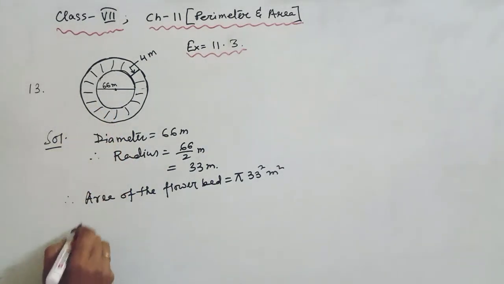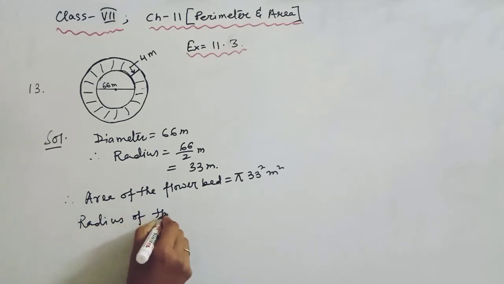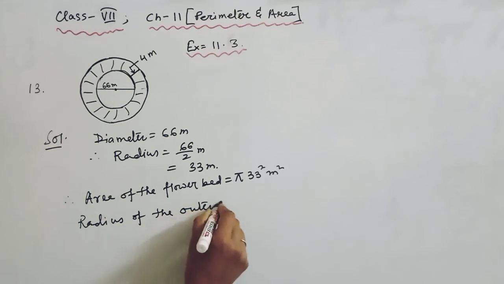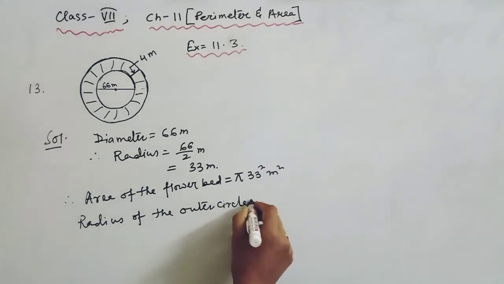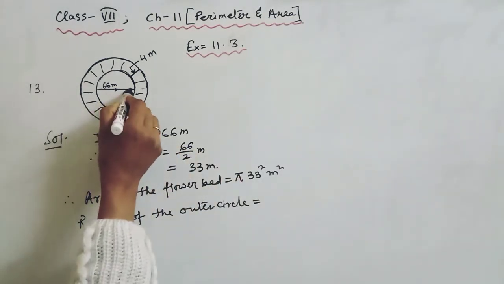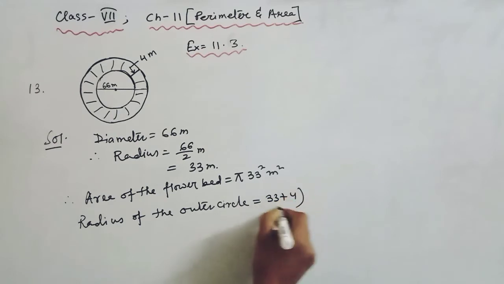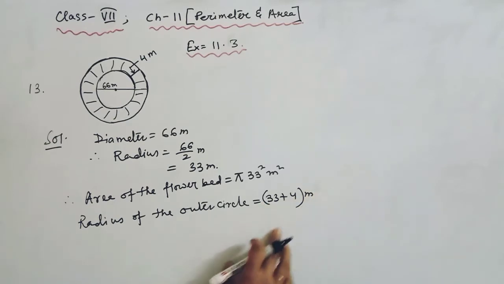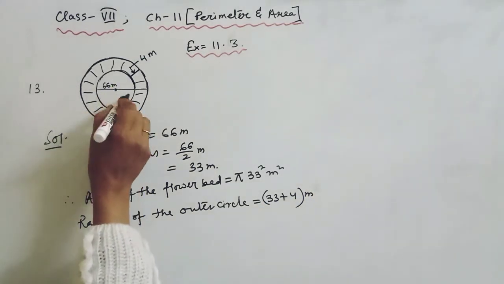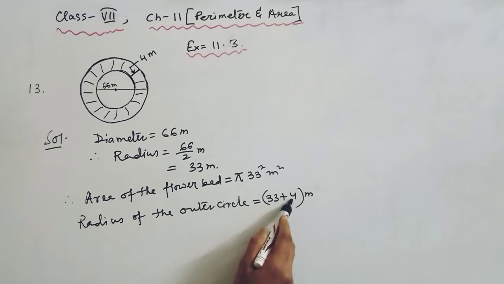Now the outer circle means the circle with path. Now radius of the outer circle is 33 plus 4 meter, because 33 is the radius of the inner circle and the path is 4 meter wide, so you need to add this 4 meter wide path with the radius.